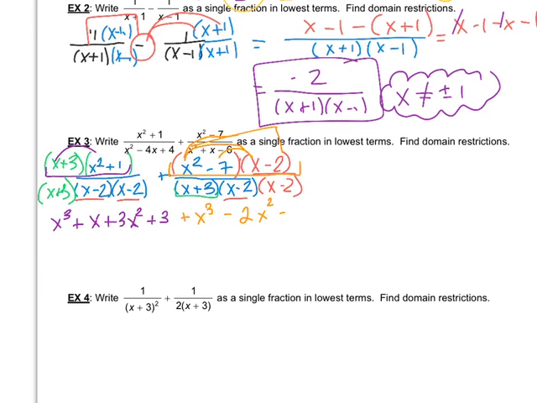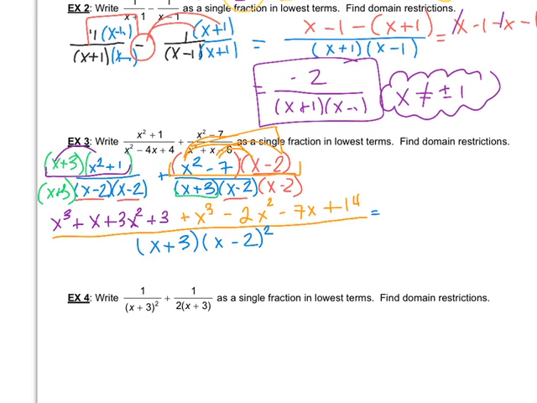Negative 7 times x is negative 7x, and negative 7 times negative 2 is plus 14. Okay, so that's our new numerator after we multiply everything out all over the same denominator of x plus 3 times x minus 2 squared. So we're almost done here.